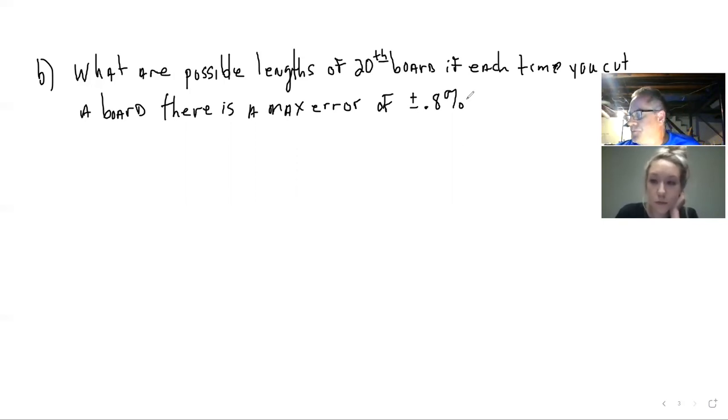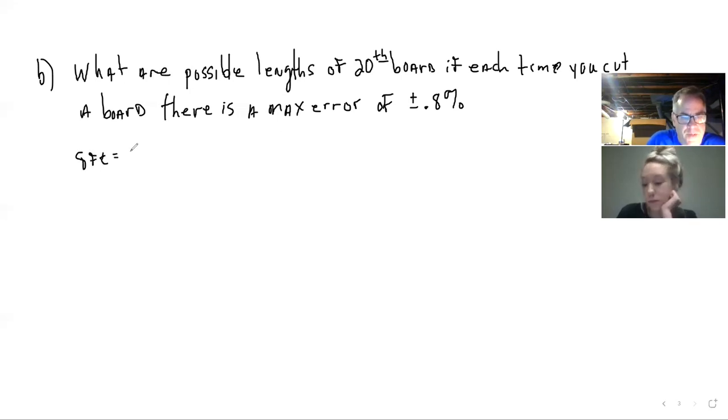So now, if the first board, and again 8 feet, remember we figured that to be 96 inches.